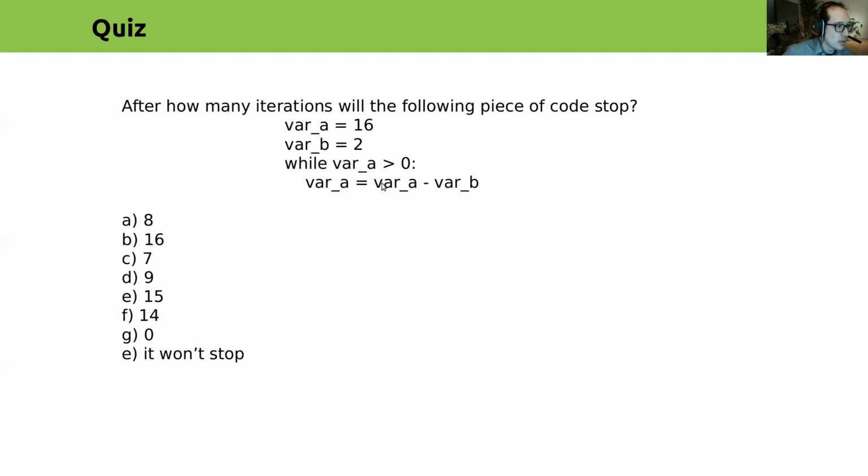And we see that this value var a is decreasing by 2 each time, right? It's starting with 16, and then it's subtracting 2, and it's going to do this until we hit 0. So basically that's going to happen 8 times, right? If we start with 16 and we subtract 2 eight times, then we hit 0. So that's our answer here.